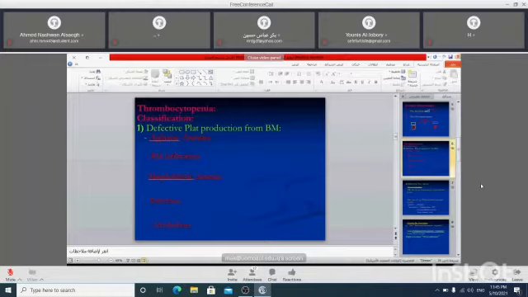When there is bone marrow failure, as in aplastic anemia, there is thrombocytopenia. Or when the bone marrow is infiltrated with abnormal cells, there are many examples.